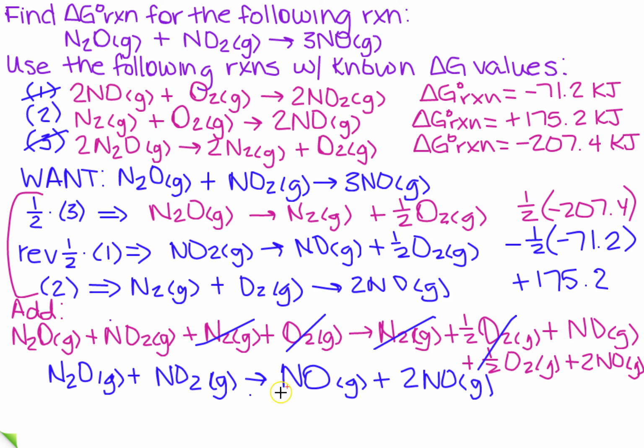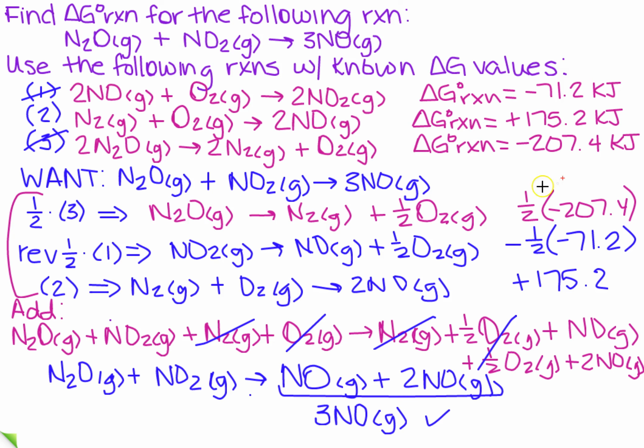Oh, those look the same, right? So I should have combined those into 3NO gas. Now, does that look like what I wanted? Well, that's the same as that. That's the same, 3, and now that I combined those they are the same. So what we did was correct. Give yourself a pat on the back.